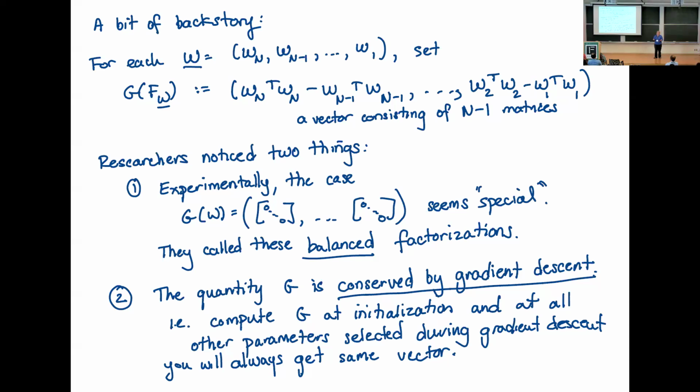It's because if I initialize at a place where the G is some value, and I really want to get to some other place where the G is a different value, it says you cannot do that using gradient descent. So conserved quantities, they're sort of limiting where you can get to.